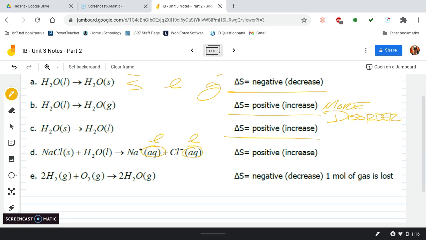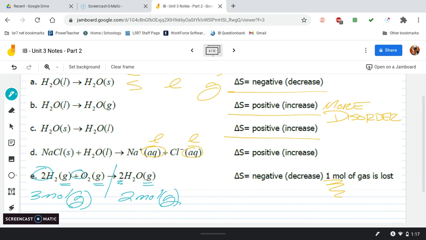And with this one, we start to count moles. If you look here, they're all gases. But now we can count. On the left side, the starting chemicals, we had 1, 2, and 1, so 3 moles of gas. This side has 2 moles of gas.